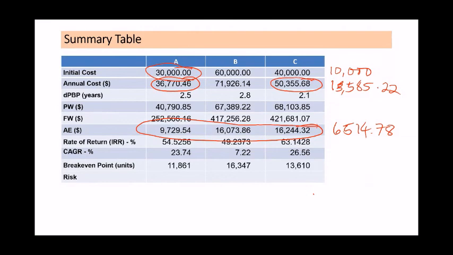Okay, now what will we do with this? We are going to take, for example, the annual cost, that is 13,585.22, divided by, sorry, it should be 6,514.78 over 13,585.22.